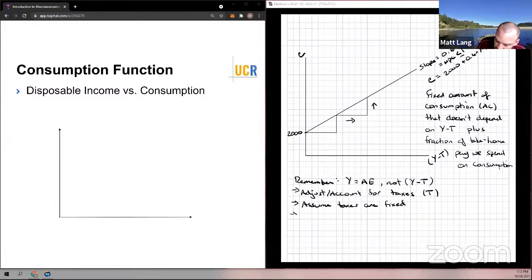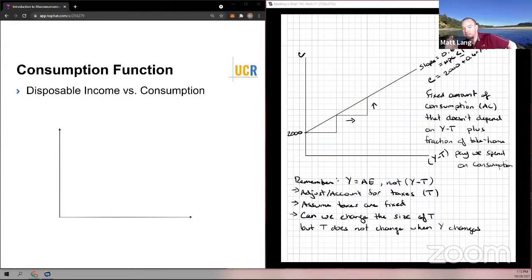So what does this mean? This means that we can change the size of taxes, change the size of t, but t does not change when y changes. That's what we mean by fixed. When we say taxes are fixed, we're simply saying taxes are what they are.